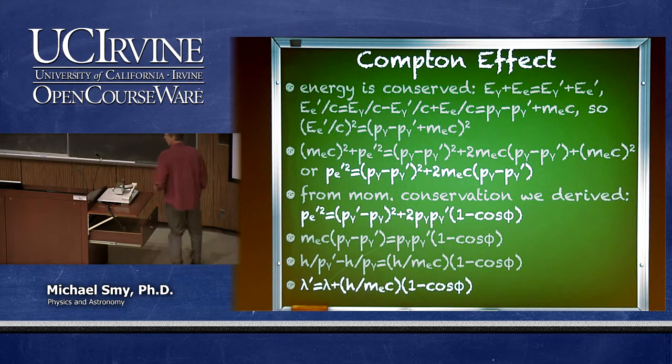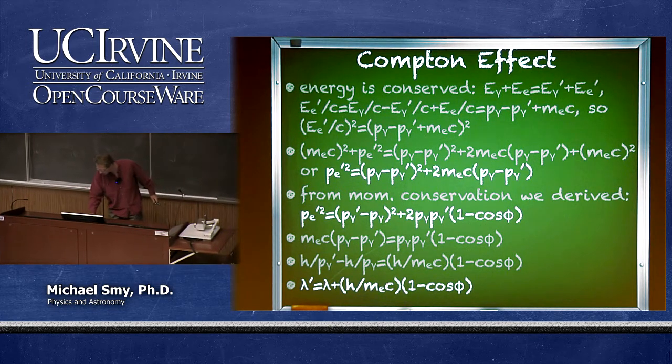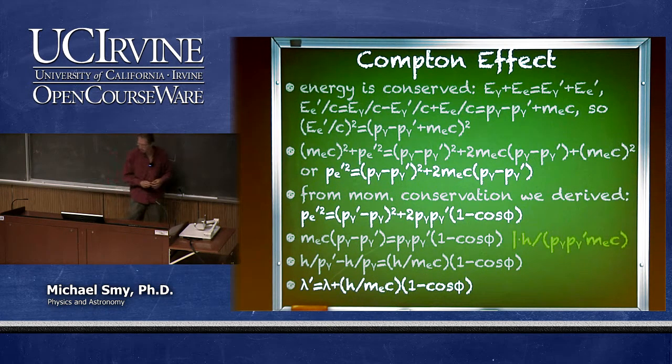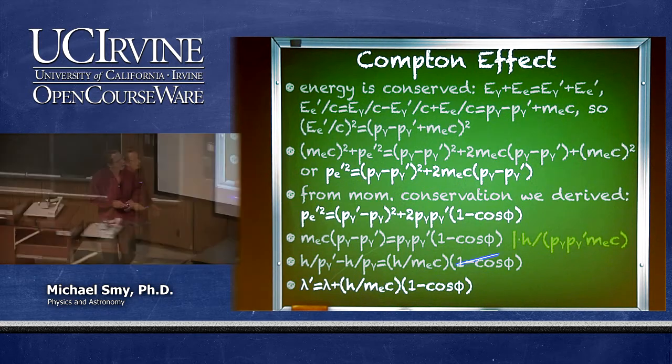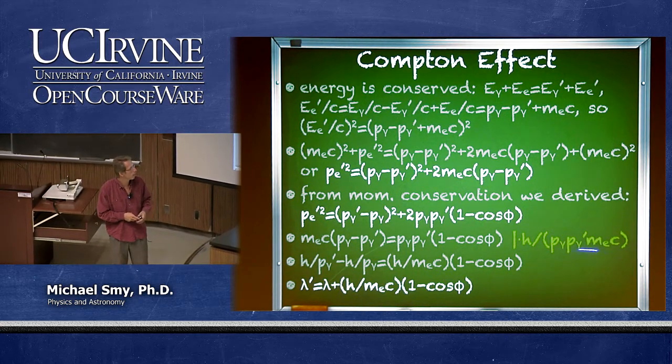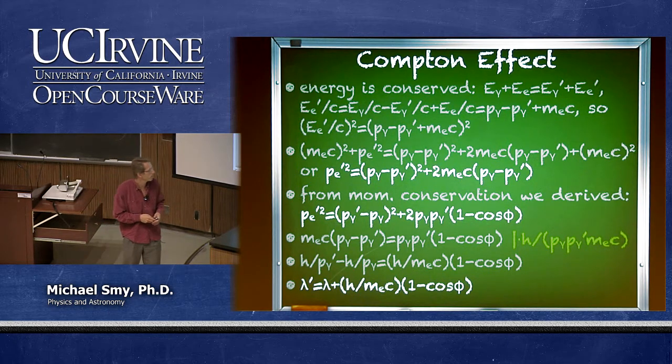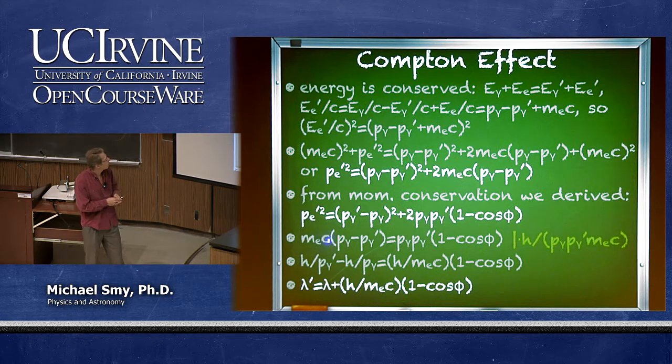And now, if I multiply with the Planck constant and divide by the 2 momenta of the photon and the rest mass of the electron and the speed of light, then this term goes away. Here I get h over p gamma prime, since I divide by both p gamma and p gamma prime. But this is just the wavelength of the scattered photon. And then for the next term, I get h over p gamma, but that is just the initial photon wavelength.